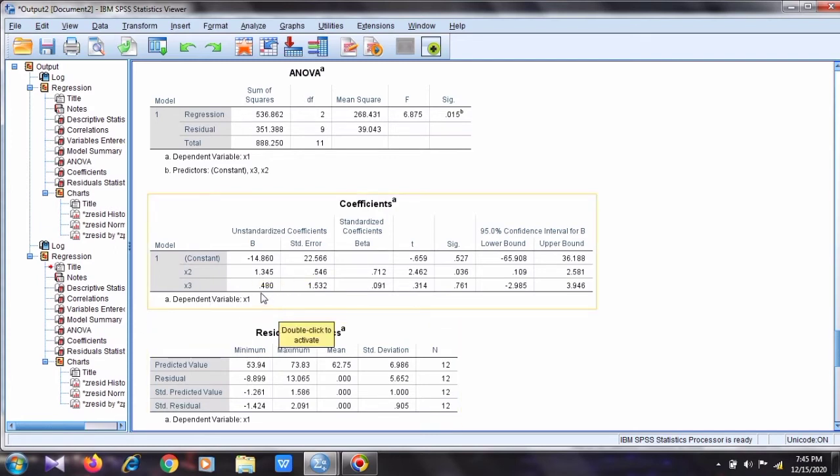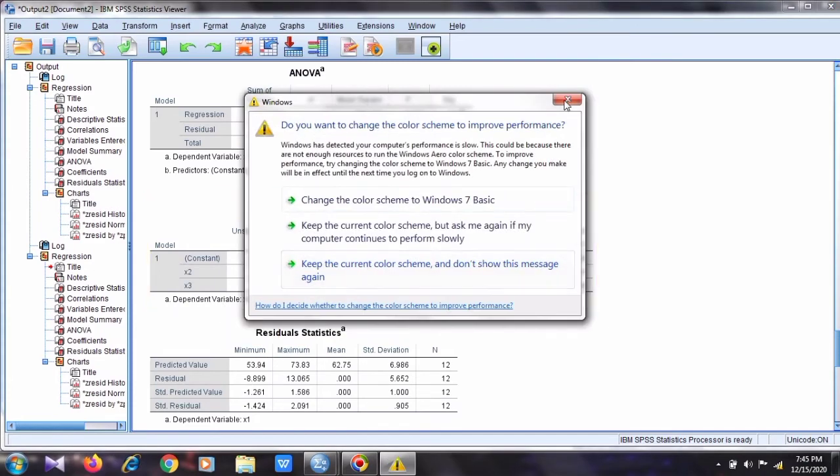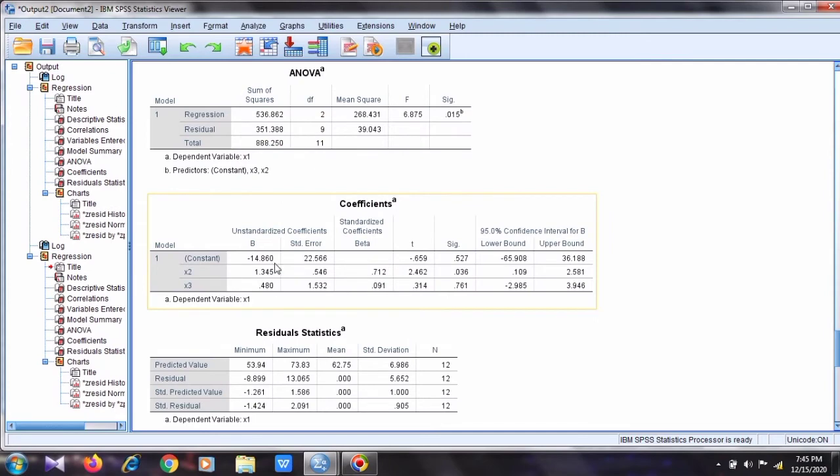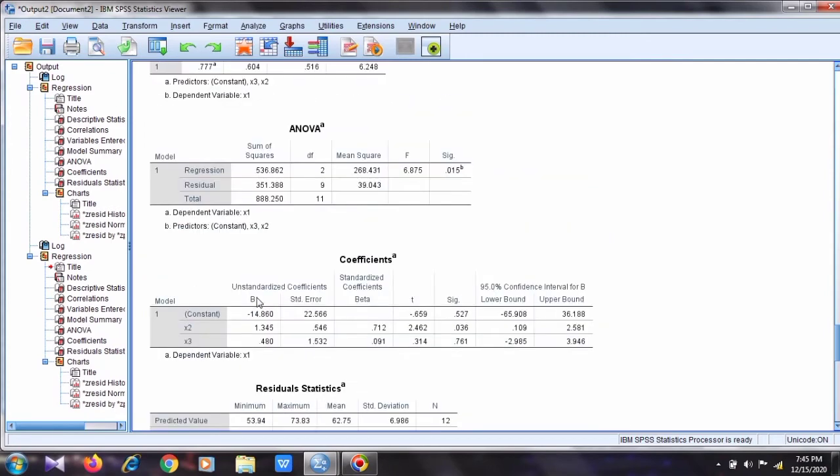Similarly for x3 we will say for a unit change in x3 there will be 0.480 mean increase in x1. So that is what this coefficient means. You have to make sure how to interpret this one.